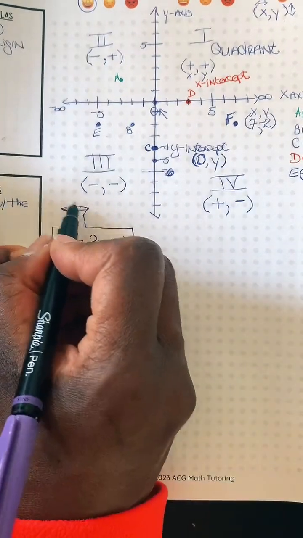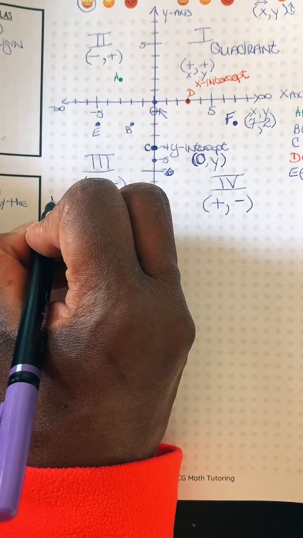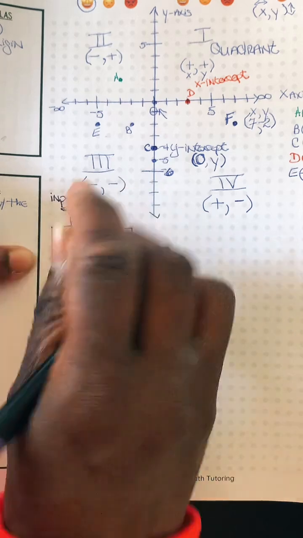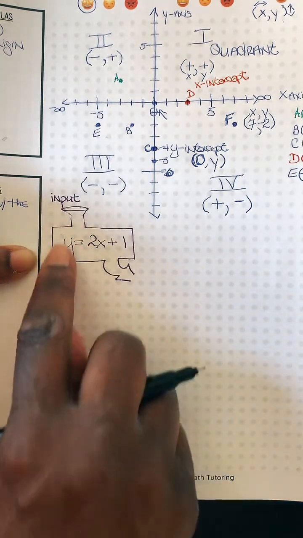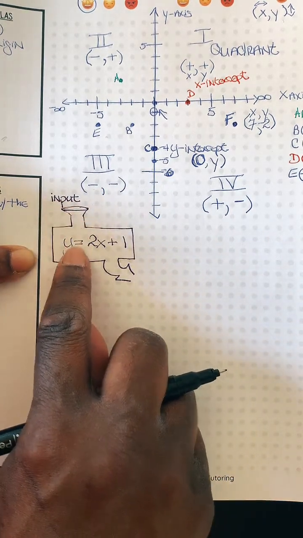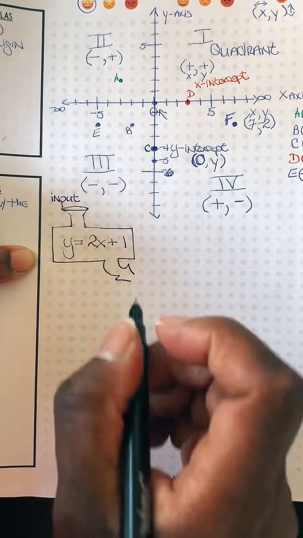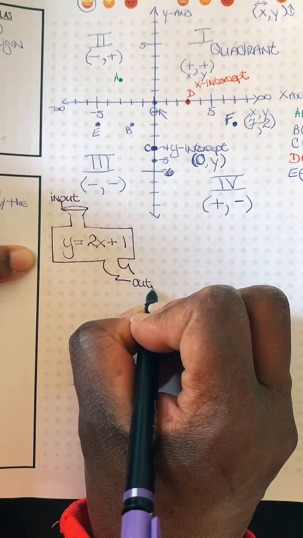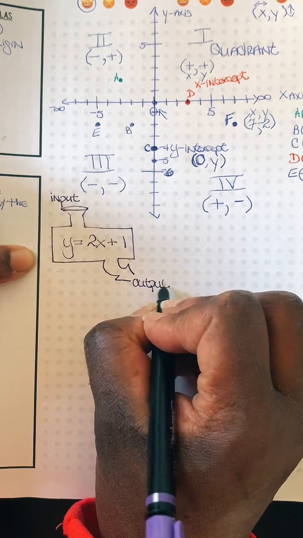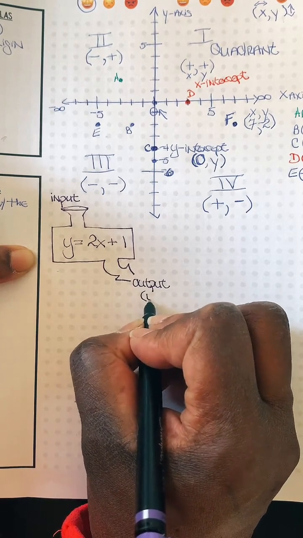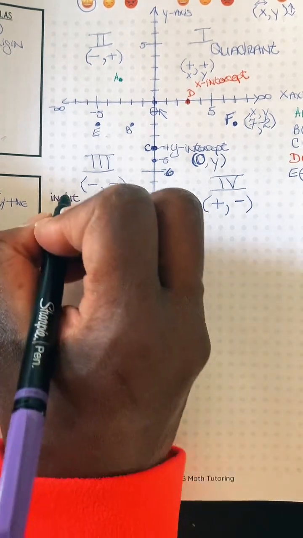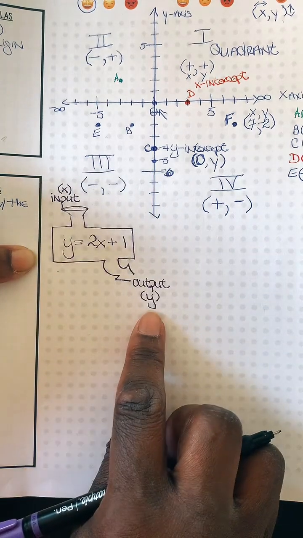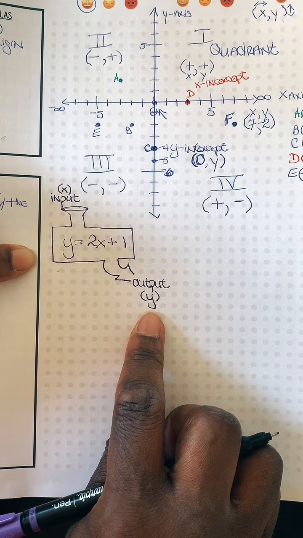So we are going to put numbers in, otherwise known as your input. So we're going to put something into this equation. And what we get out, which is called our output, is going to be the y value. So we're going to put in the x values, but we're going to get out the y value.